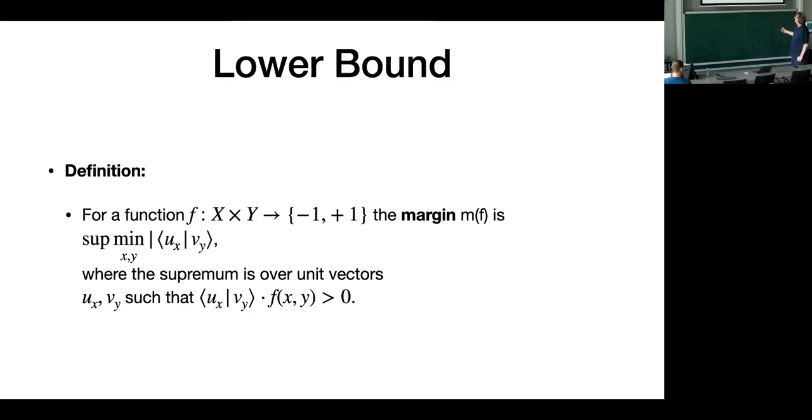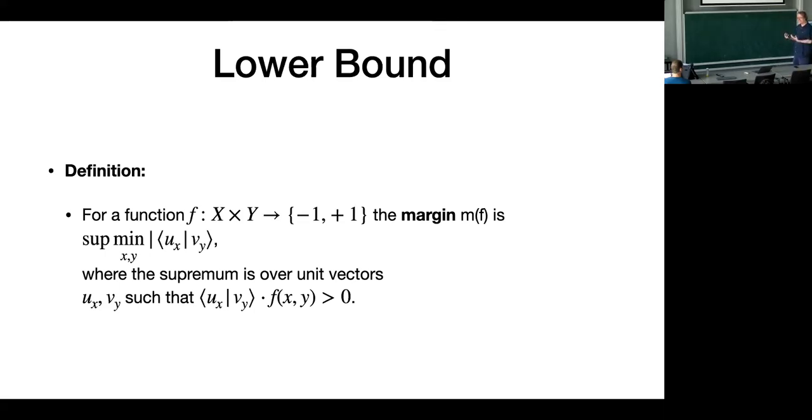Namely, these would be unit vectors ux and vy, and the inner product between ux and vy has to have the same sign as f of x,y, which you can say means the product of this inner product and the function value must be at least larger than 0. Right?